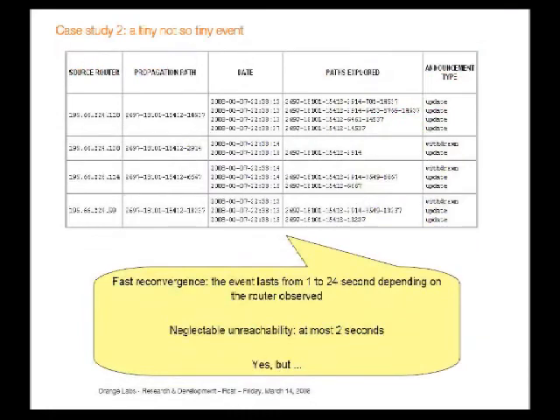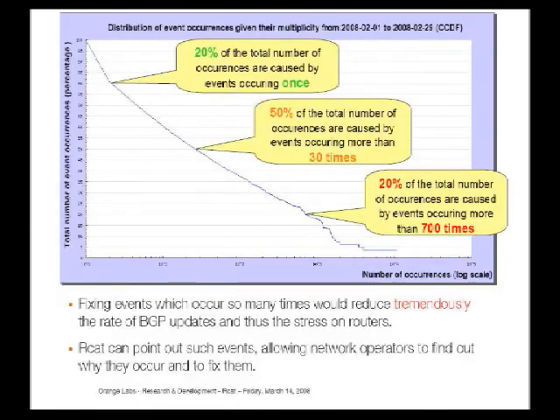It didn't cause unreachability, so we can think that performance was not degraded, and as a consequence, no customer will ever complain about such an event because it doesn't degrade performance. And because no customers complain about it, no network operators are going to search for them. So such events are just invisible, but you see that they hurt inter-domain dynamics a lot.